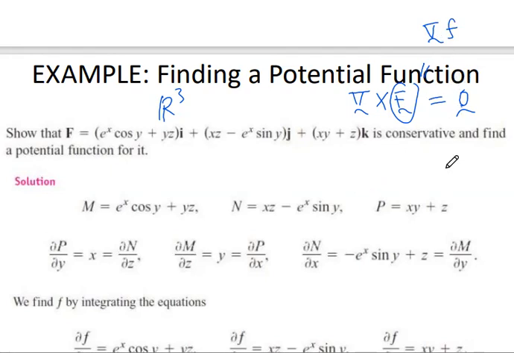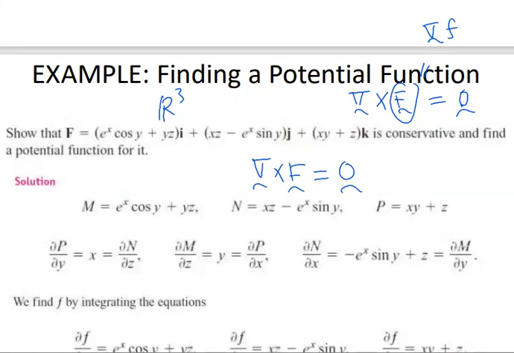So how do you find f then? We can show it is conservative by proving this is irrotational everywhere. First show this one, right? Then you can say because this is simply connected and this field is irrotational, therefore this is conservative.